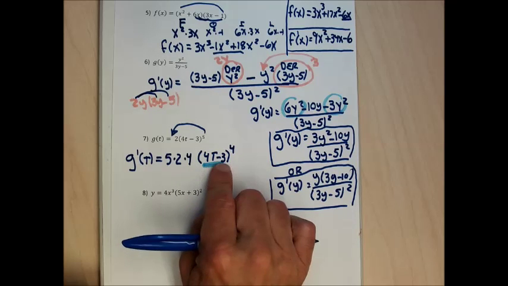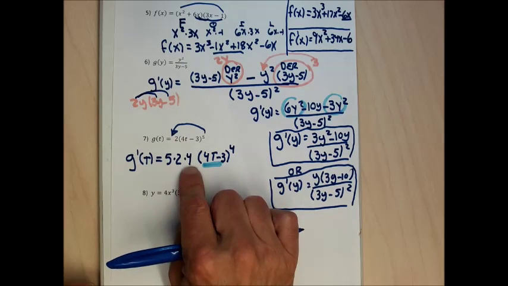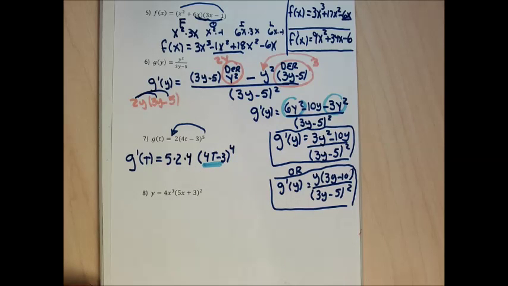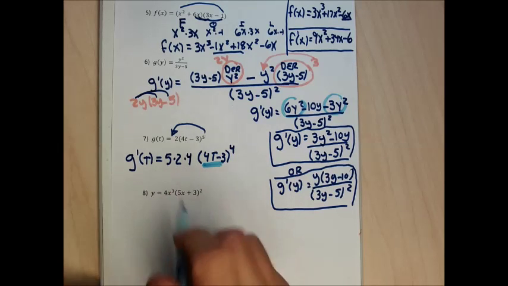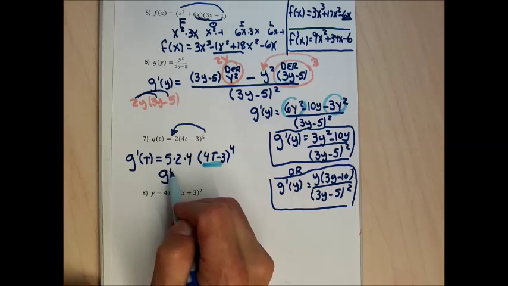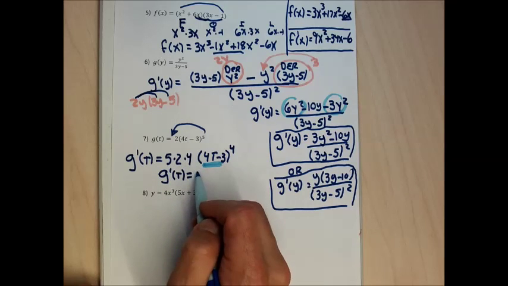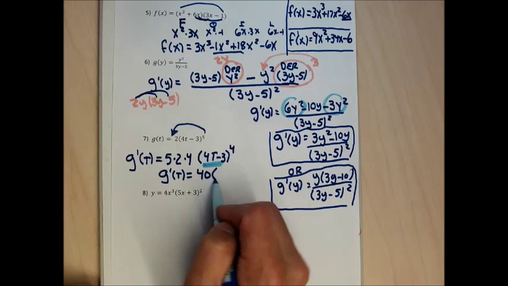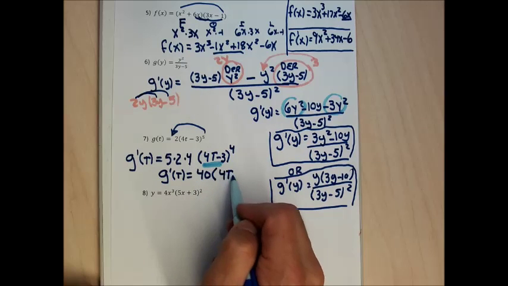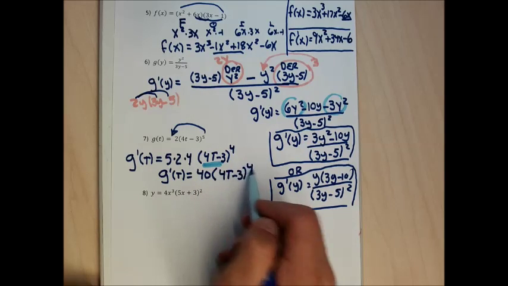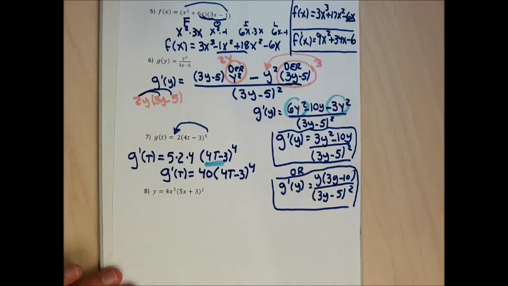So the derivative of 4t minus 3, which went in that space that I left, is going to be 4. And now I'm just going to multiply the numbers out and get an answer that's as simplified as I can actually do. So 5 times 2 is 10 times 4 is 40. So I'm going to get 40 times 4t minus 3 to the 4th. And that's all there is to do for number 7.